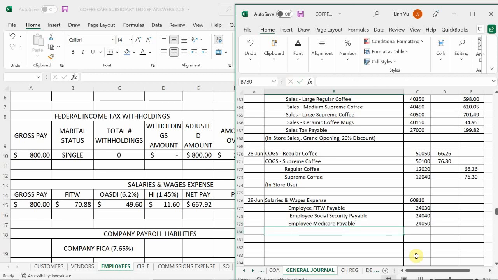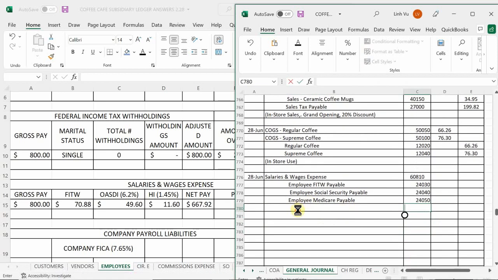And last but not least, we also have to issue her a check. So we're going to be writing her a check. Okay, so we're going to be issuing her a check for her hard work.